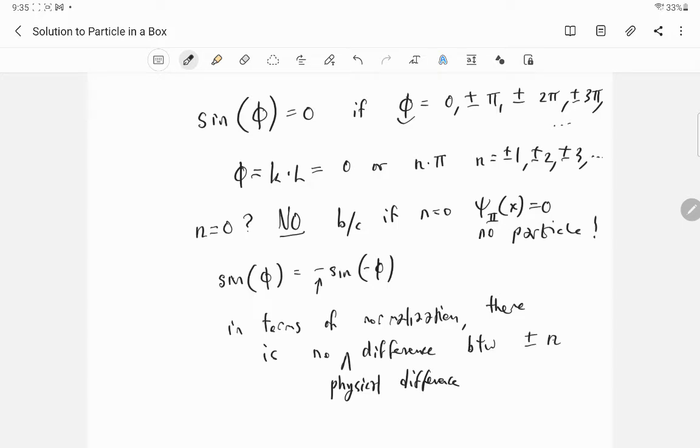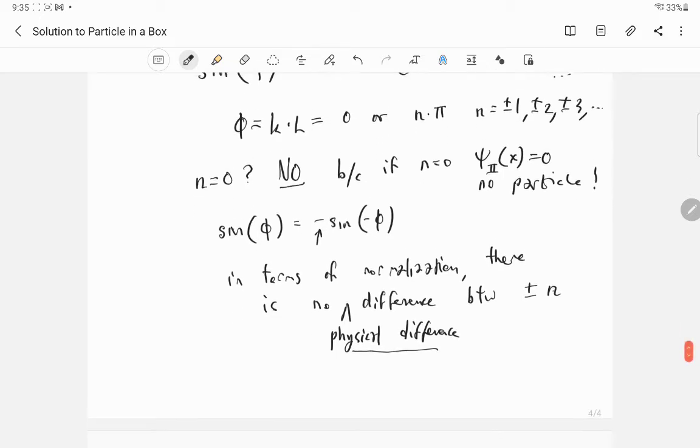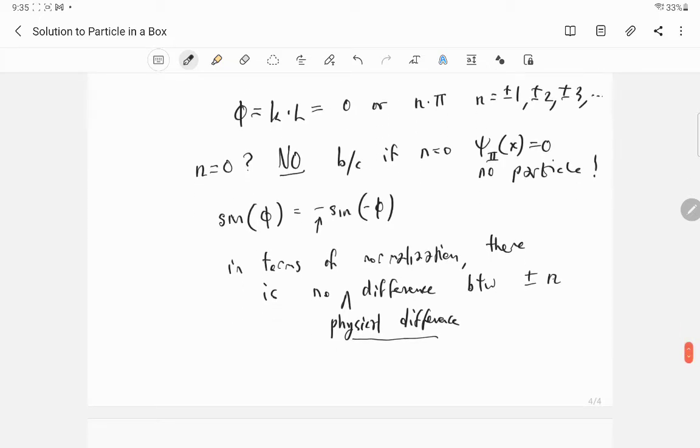That is, having the angle phi, or the value of k times L, be positive 2 pi versus negative 2 pi, you cannot tell the difference physically. So they imply the same. They're actually the same. So let's just choose n equals 1, 2, 3, etc.